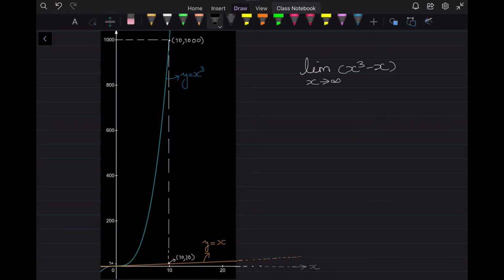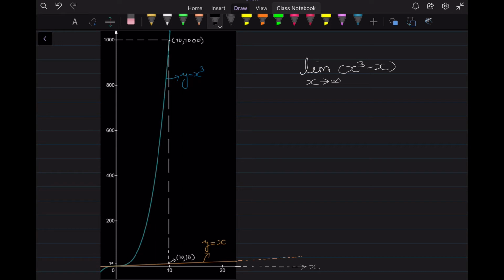So as x increases, x cubed continues to become larger and larger much faster than x. So it's reasonable to say that as x approaches infinity, x cubed becomes large as compared to x, so much so that it dominates and x loses its effect.